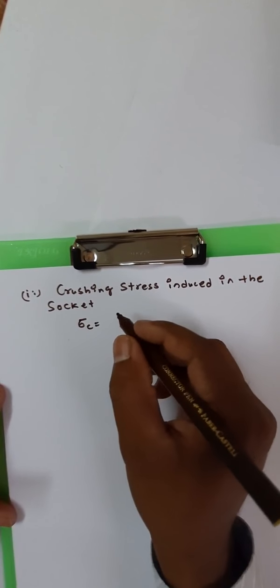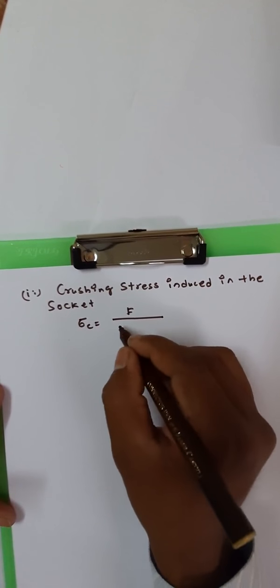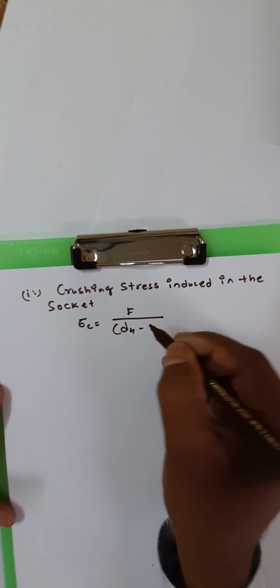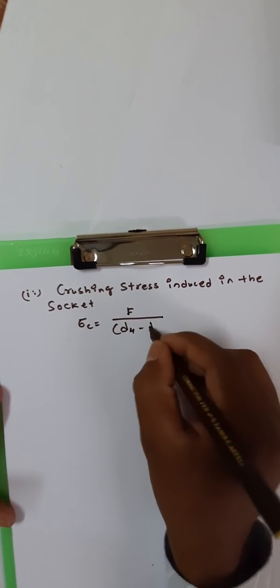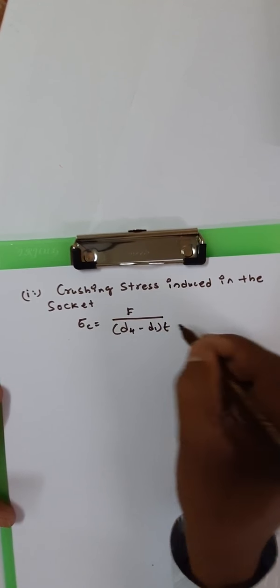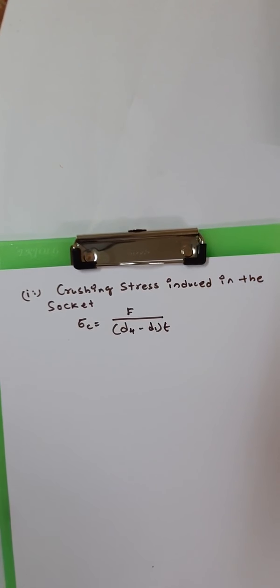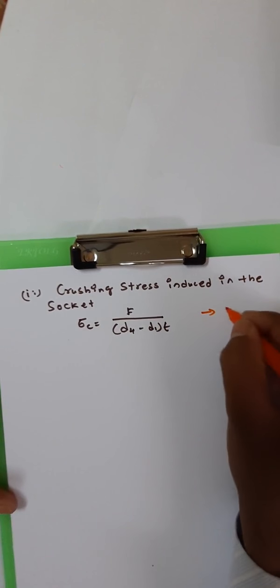Sigma c is equal to F divided by d4 minus d1 into t. It is also available in the design data handbook, equation number 17.70.